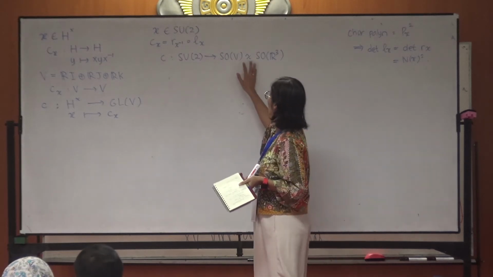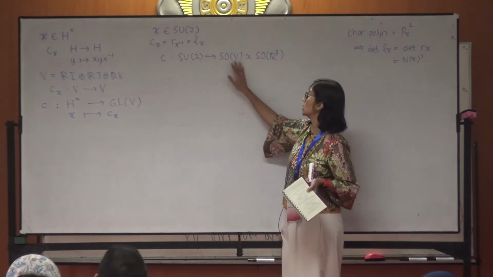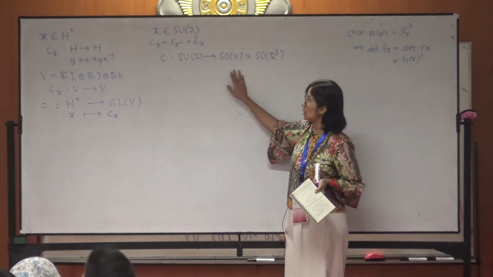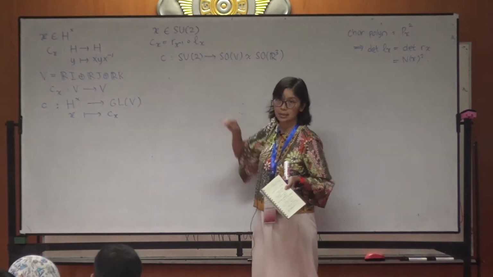We can have that the image of this restriction will go to SOV because, as I said earlier, the determinant of Cx is 1.